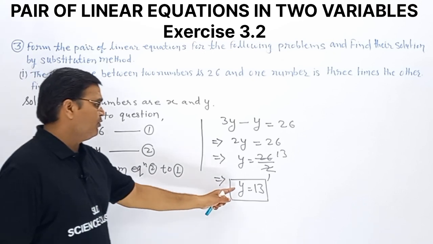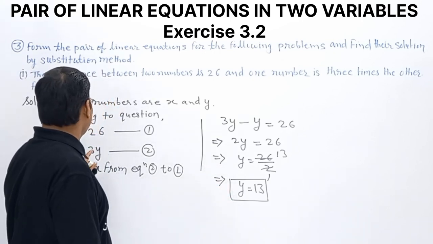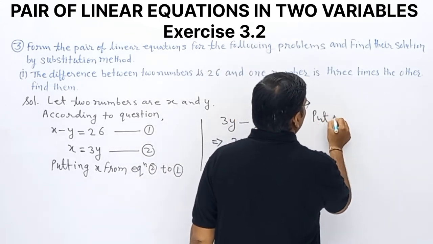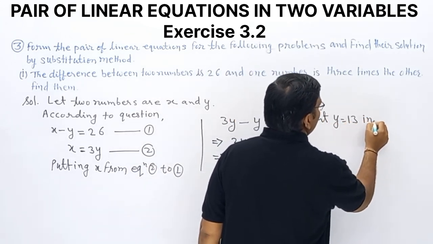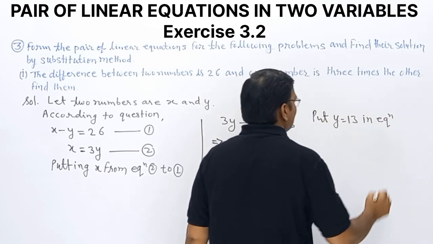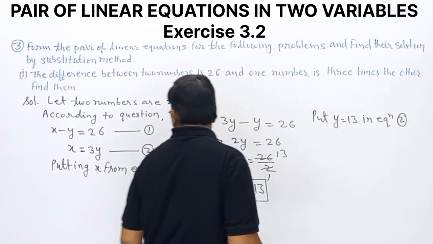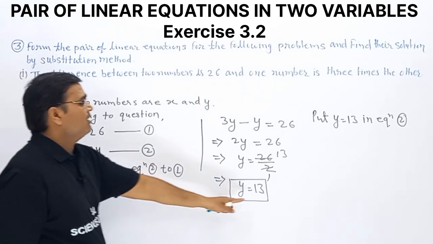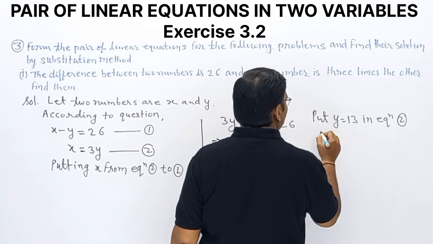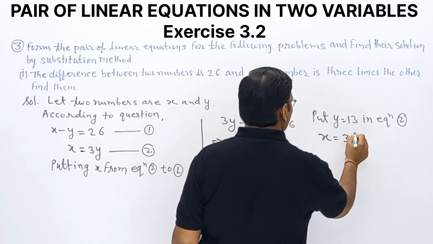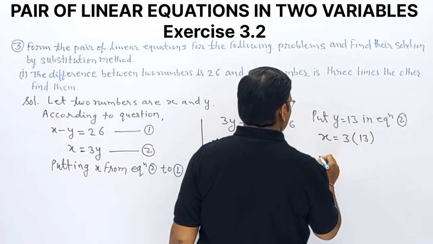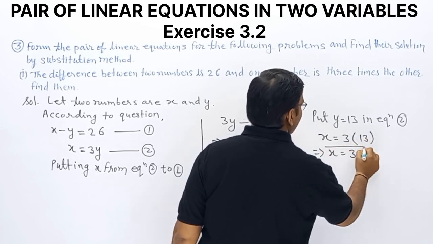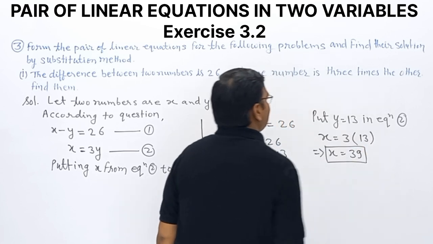Now put this value of y into equation number 2. Equation 2 is x equals 3y. At the place of y, we put 13. Then x equals 3 times 13, which is 39. This is the value of x.